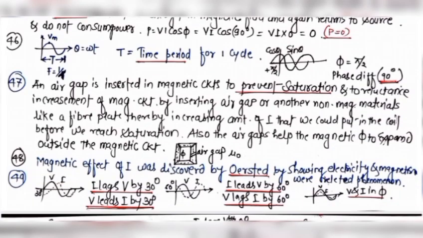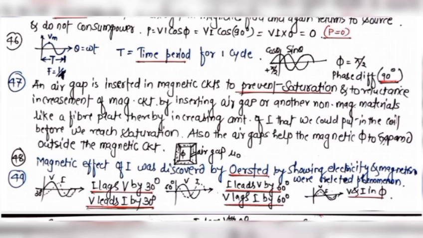An air gap is inserted in magnetic circuits to prevent saturation, and it increases the reluctance of a magnetic circuit. By inserting an air gap or other non-magnetic materials like a fiber plate, we increase the amount of current that could be put in the coil before we reach saturation.